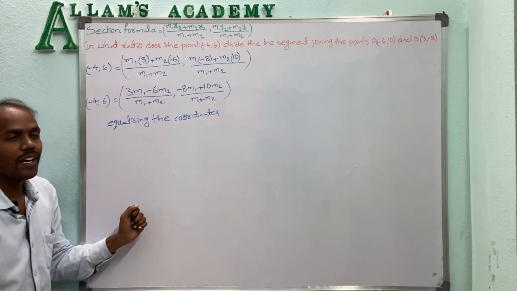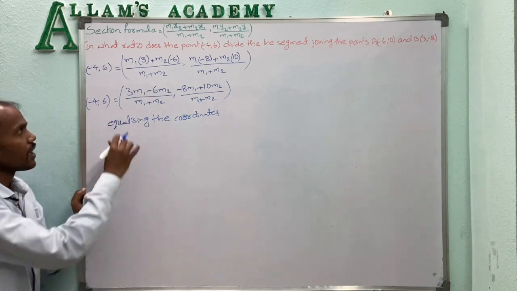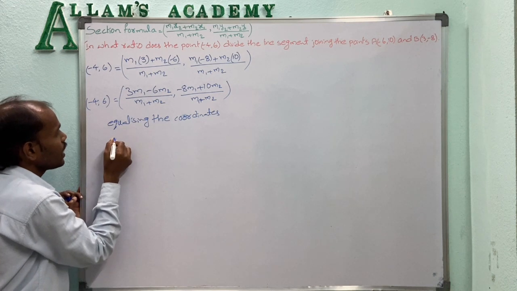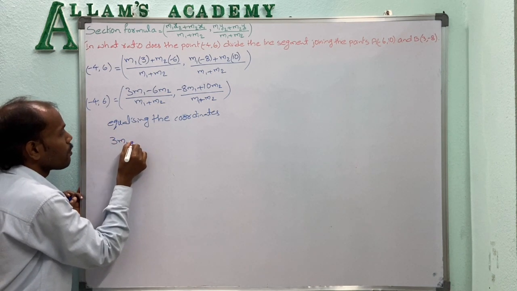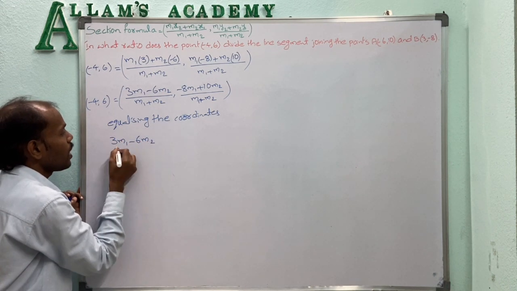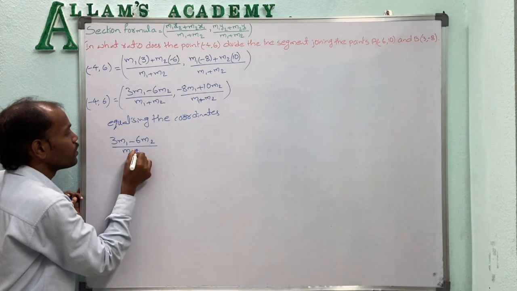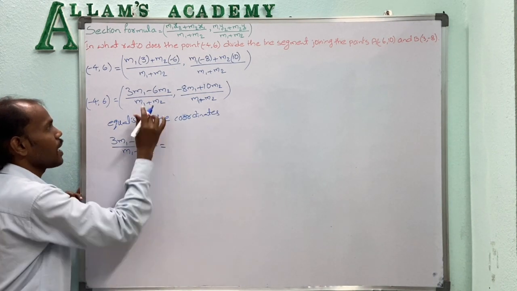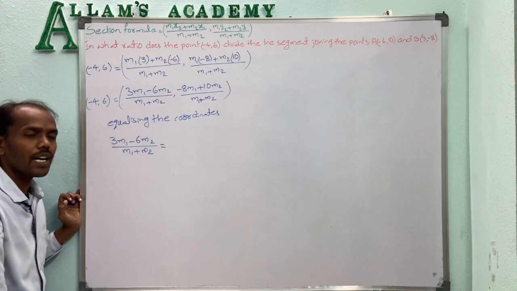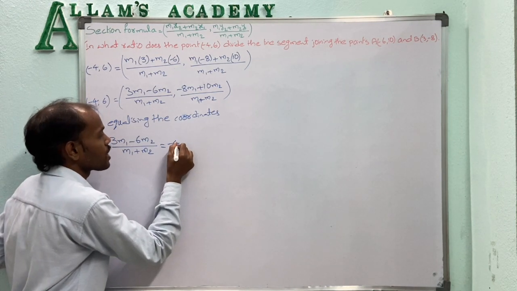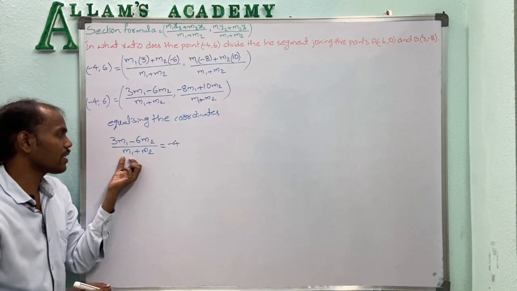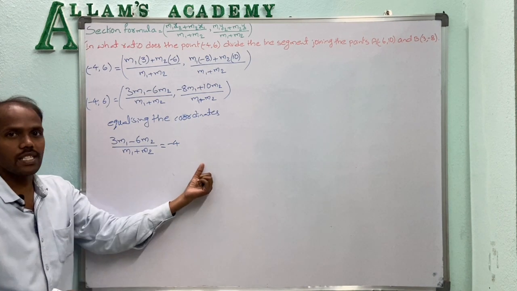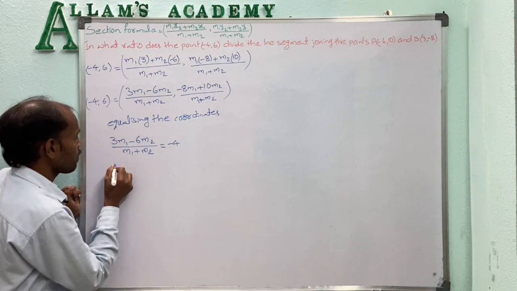Now if we equalize the x coordinates, then we can take (3m1 minus 6m2) by (m1 plus m2) is equal to the abscissa. In minus 4 comma 6, the abscissa is minus 4. Now the division m1 plus m2 on the LHS transfers to RHS, we get multiplication.